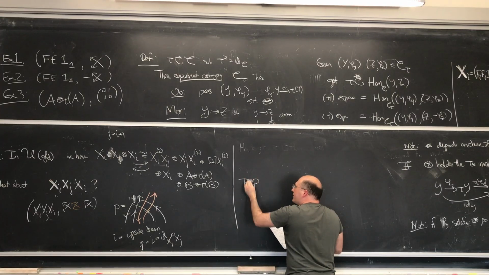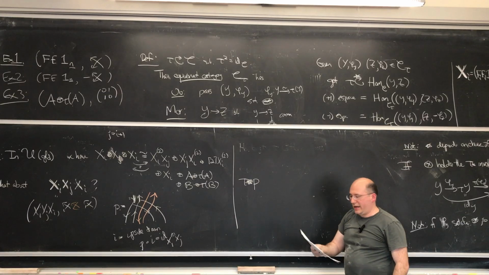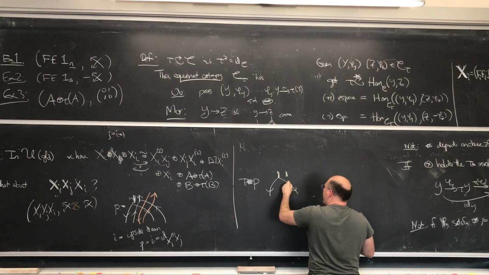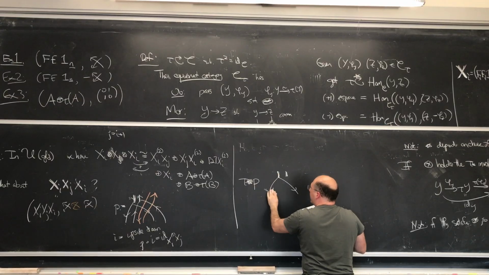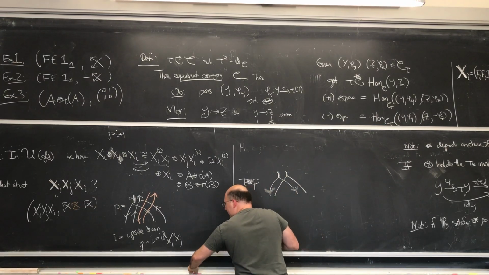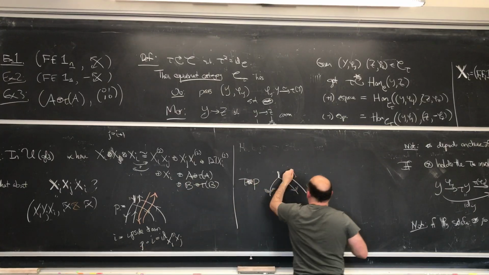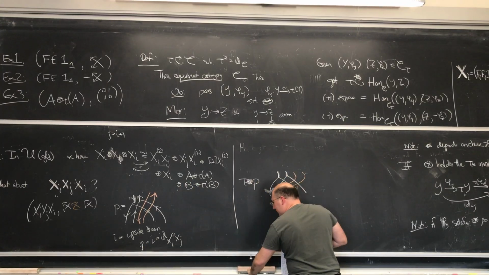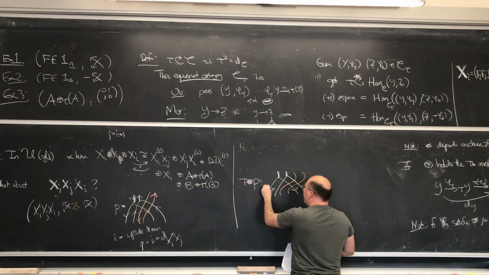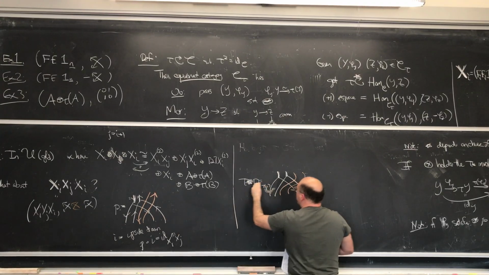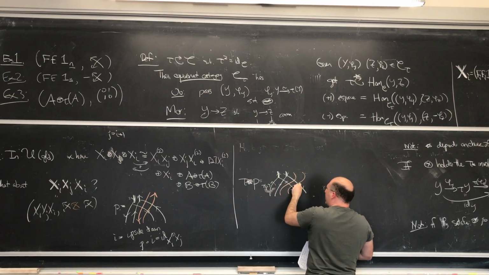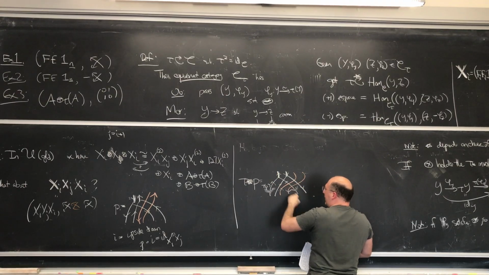Now, what is tau star p supposed to be? Well, I have p. Sorry, let me not draw the arrows for a sec. So this is tau star p. The first thing I do is take tau of p, which is p but with the arrows reversed. Before it was down up, so now it's up down.